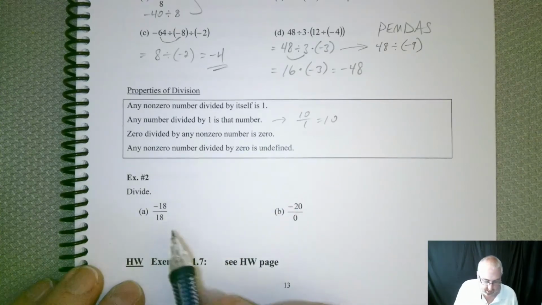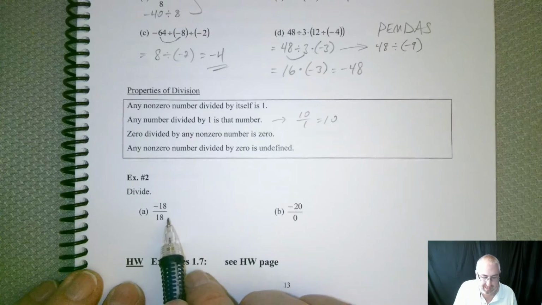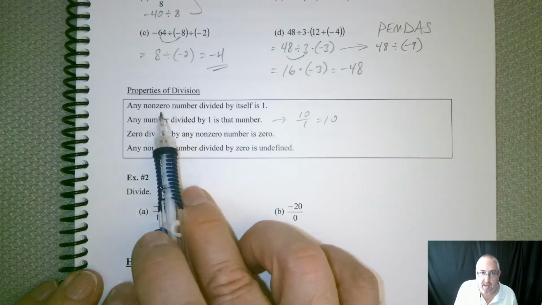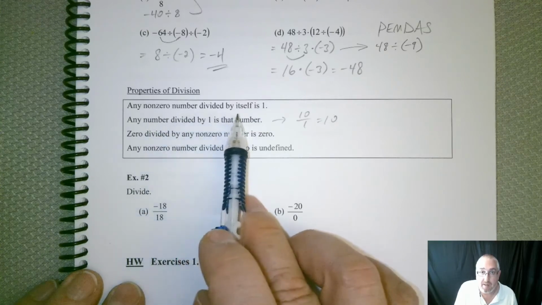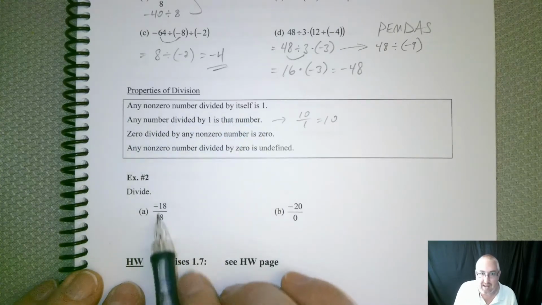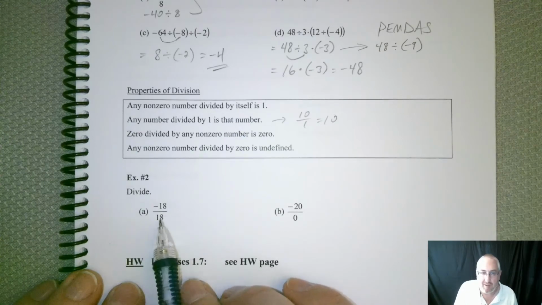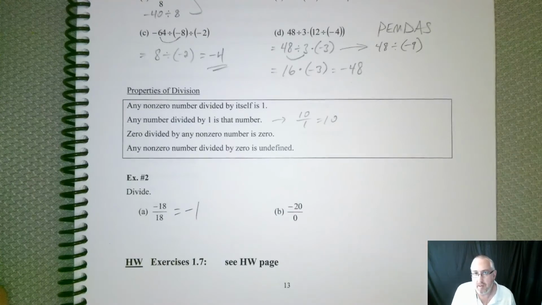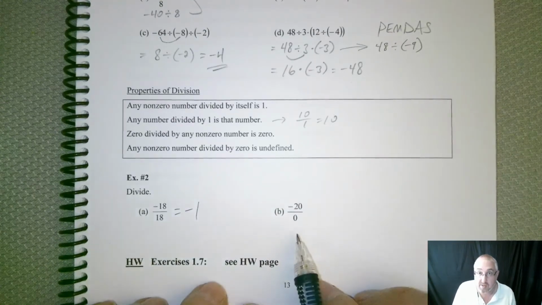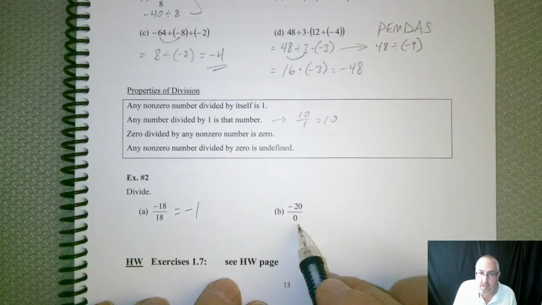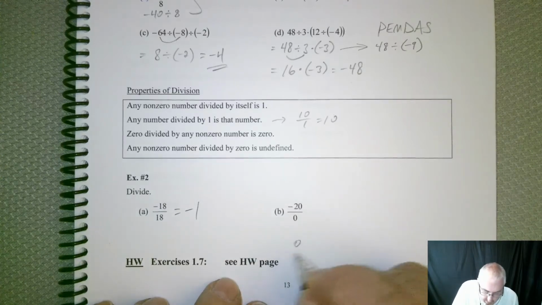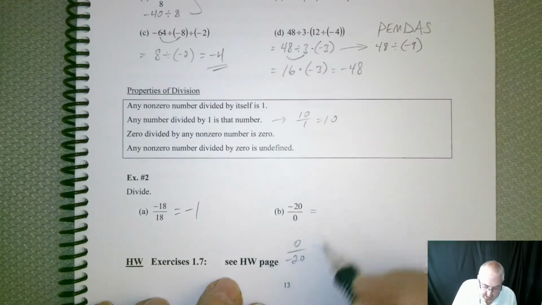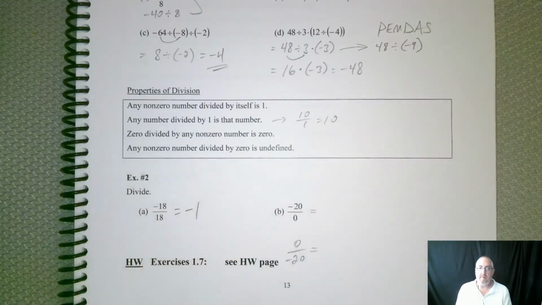Let's take a look at the first one. This first one is kind of like the first property. It's not quite, but it's pretty close. Any non-zero number divided by itself is 1. Well, it's not exactly the same because one's positive and one's negative, but I think you can see that that's going to have to just equal -1. For this last one, I'm going to write it both ways. One of these is equal to 0 and one of these is undefined.